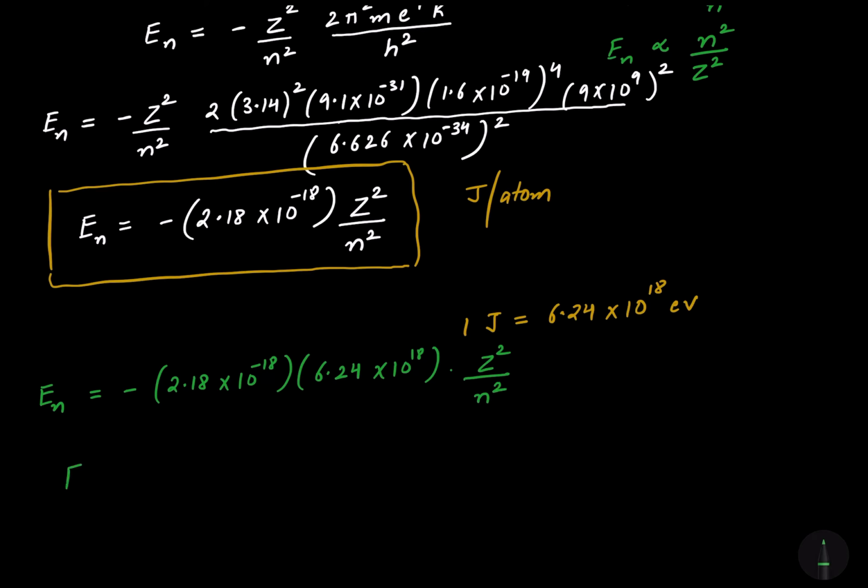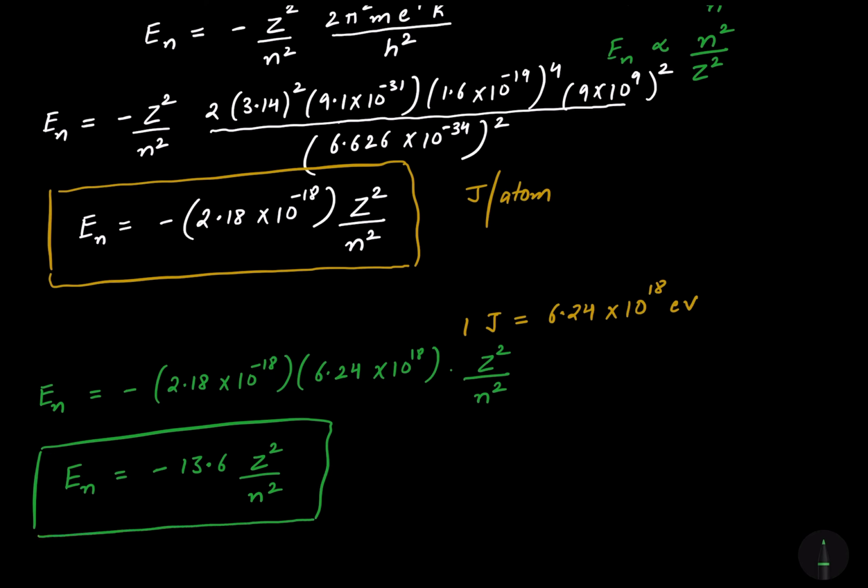So the energy of electron in nth orbit comes out to be minus 13.6 into Z square divided by n square, where Z is atomic number, n is orbit number, and this unit comes out to be electron volts per atom.